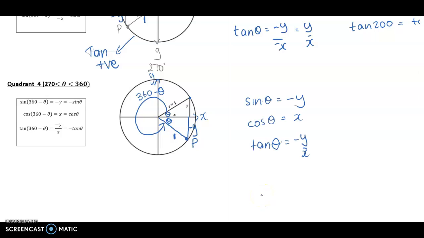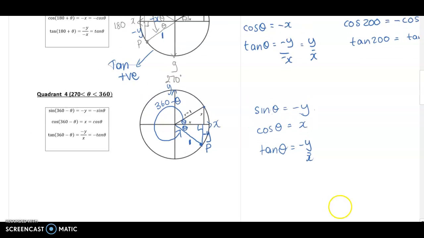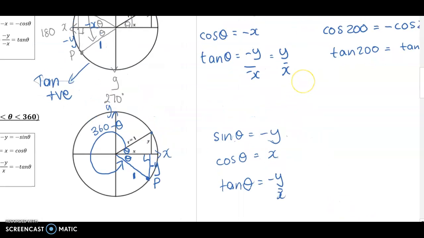So again, using our SOHCAHTOA rules in this final triangle, I find that sine of theta is minus y, so that's a negative value. Cos of theta is x, which is positive, and tan of theta is also negative. So in our fourth quadrant, the only positive trig ratio we have is cos.